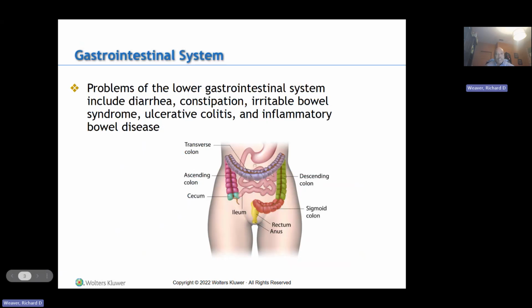Now, the large intestine is primarily responsible for the absorption of water. Remember, I told you that in class, and also some nutrients from food and fluids that we eat. Of course, most of the nutrient absorption takes place in the small intestine. Now, the speed of transit determines what will be absorbed.